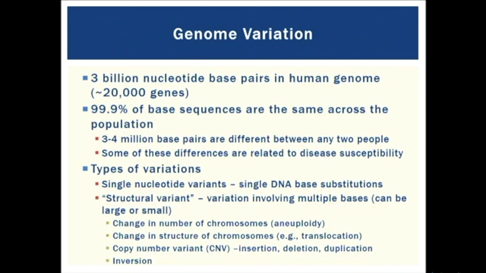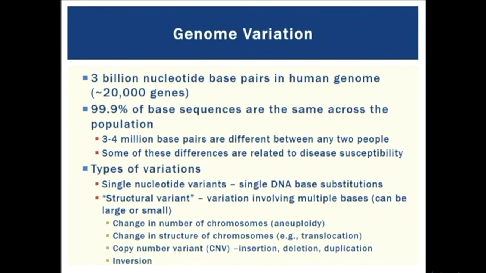So because we have 3 billion base pairs, that 0.1% implies that there are about 3 to 4 million base pairs that are different between any two people. So it's those differences that we think are related to disease susceptibility.